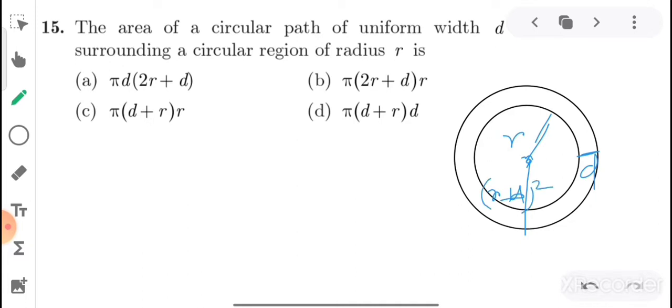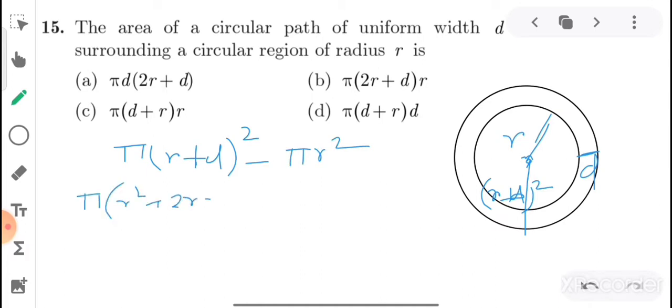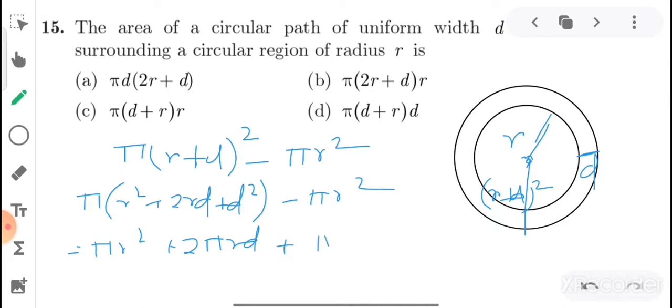The area of the circular region will be pi (r plus d) whole square minus pi r square. If we expand this, pi r square plus 2rd plus d square minus pi r square, then pi r square plus 2 pi r d plus pi d square minus pi r square, omit.